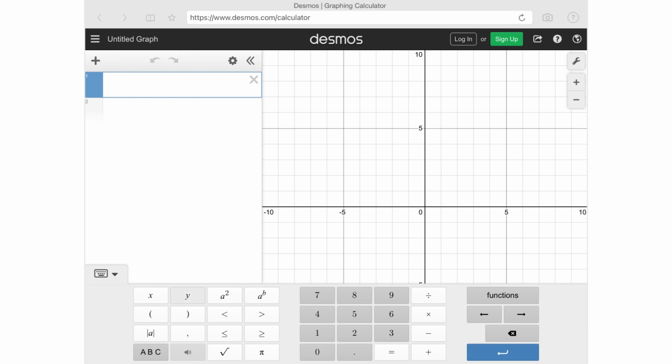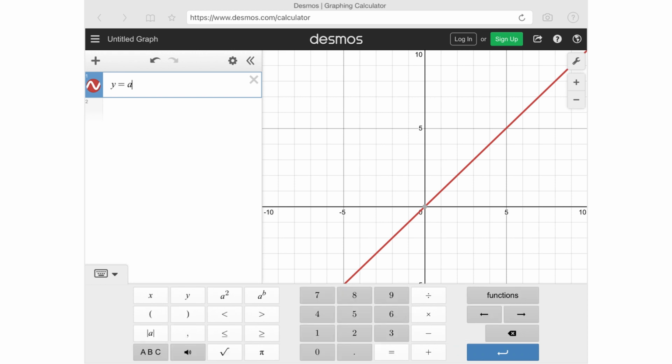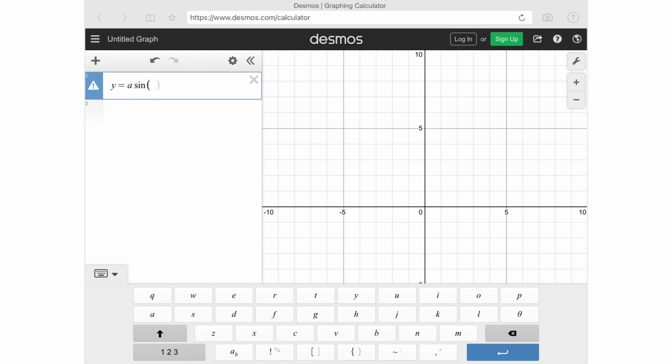Anyway, what you can do is plug in, so go y is equal to, and then you plug in your function, but instead of putting a number in for A, B, C, and D, you just put in those letters. So you put an A in, and then I had A and then sine of, and here you need to put a B, but then put another bracket.